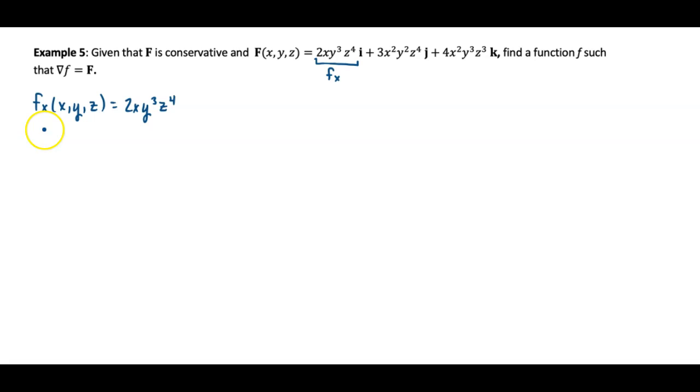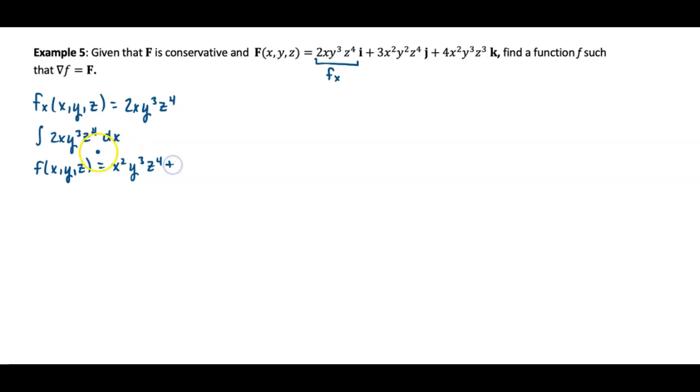And to find that initial function, I can take the integral of 2xy cubed z to the fourth with respect to x. And so this will give me that initial function. When I take the antiderivative with respect to x, this just leaves me with x squared y cubed z to the fourth power.